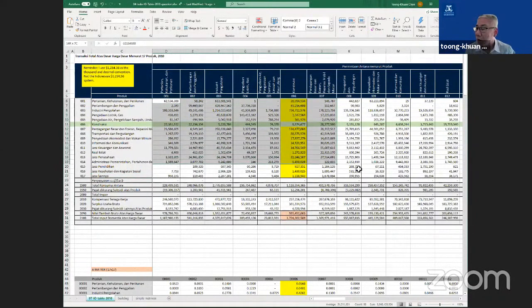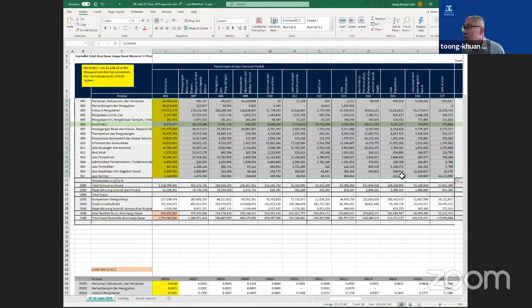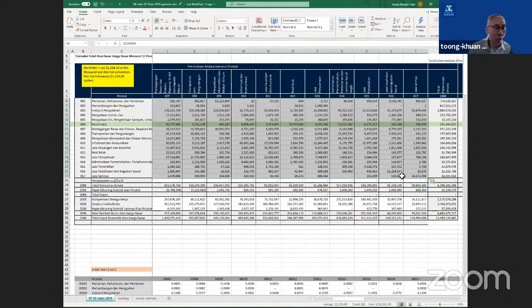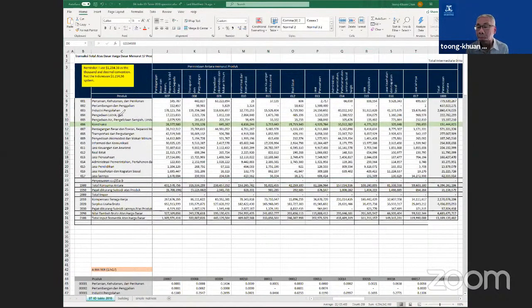So what you see over here in the 17 by 17 is quadrant 1. We call that quadrant 1 because it shows you the flow from these 17 sectors to the 17 sectors up here.